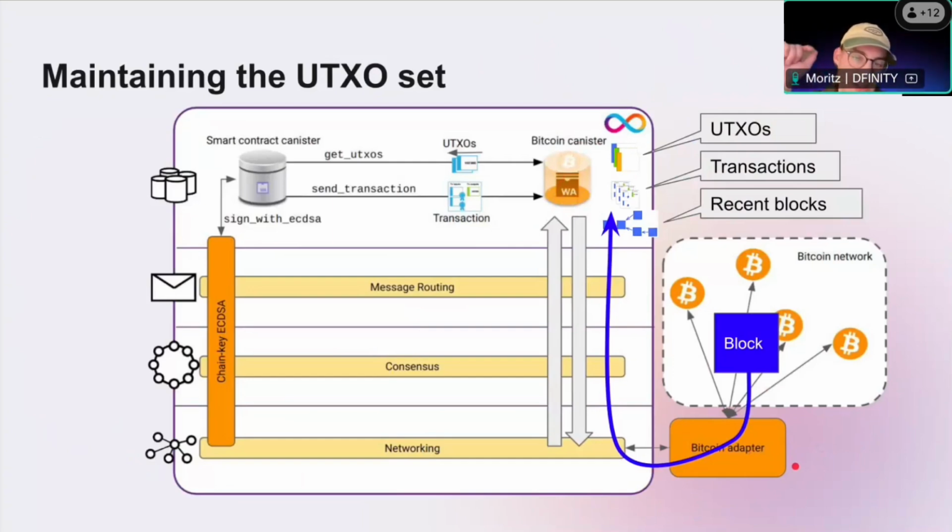And then once the Bitcoin canister receives the Bitcoin block, it extracts the UTXOs from the transactions contained in the block and then updates the UTXO set that it maintains in replicated state. And this is actually the mechanism that allows the Bitcoin canister to maintain the full Bitcoin UTXO set on chain. And the same mechanism is also used to get the block headers into the Bitcoin canister.